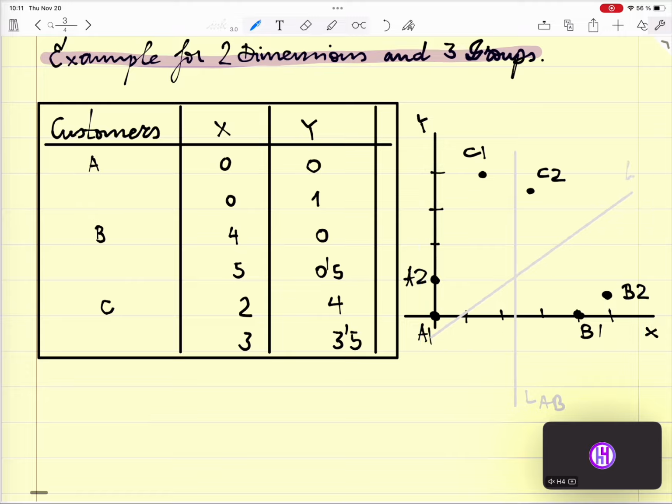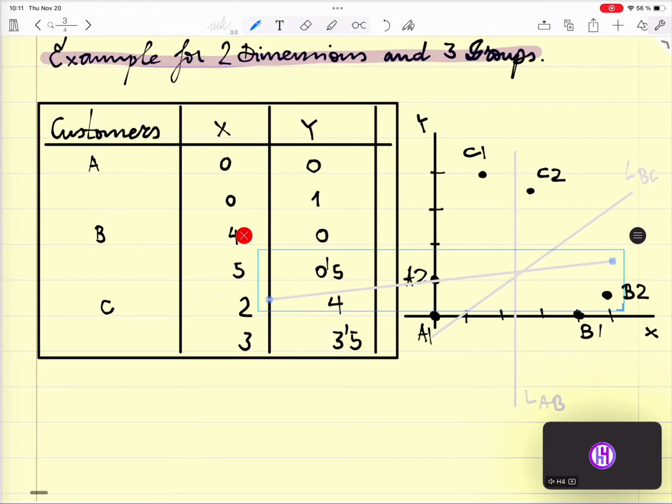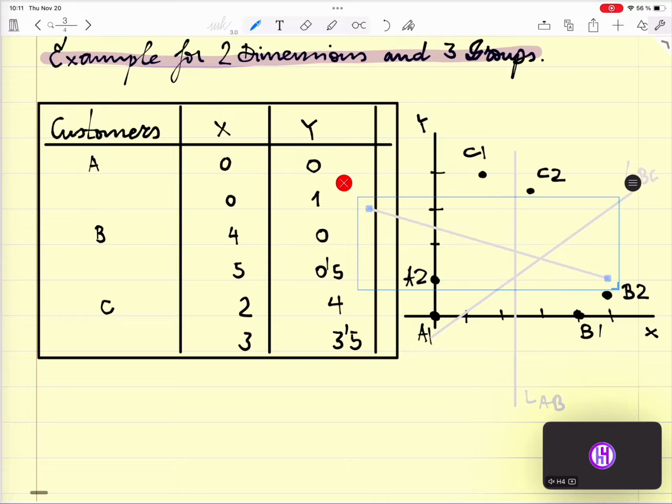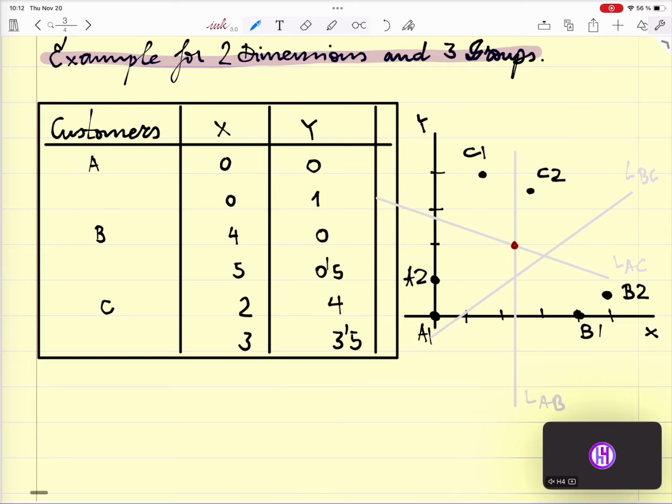Then the separating line between A and C. Okay, which could be like this, I don't know. This is a separating line between A and C. This is going to deliver 3 points, a triangle.